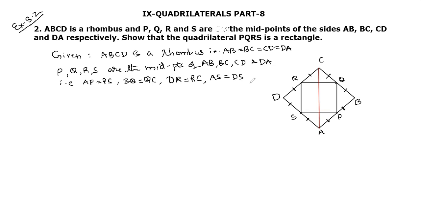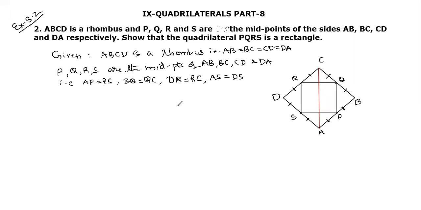Show that PQRS is a rectangle. So first of all, whenever you have to show a rectangle or square, you have to show it is a parallelogram first. And you know that we have to use only two theorems in this exercise, the midpoint theorem and its converse.